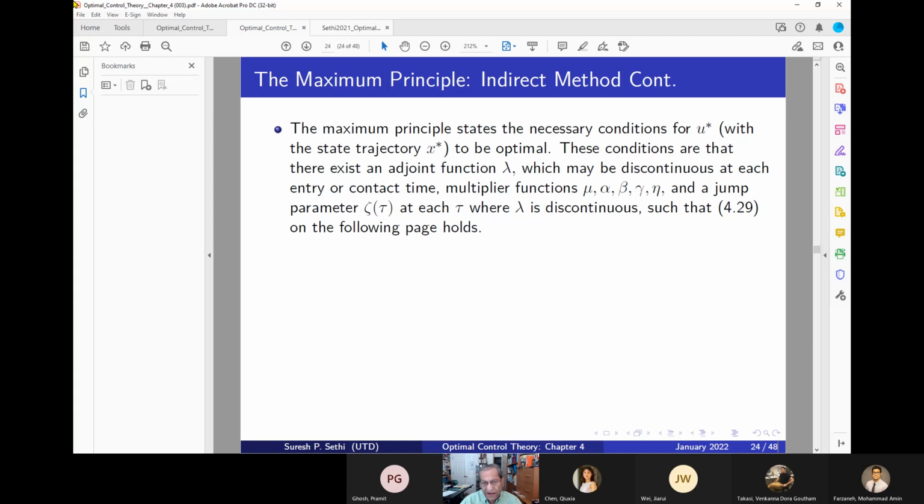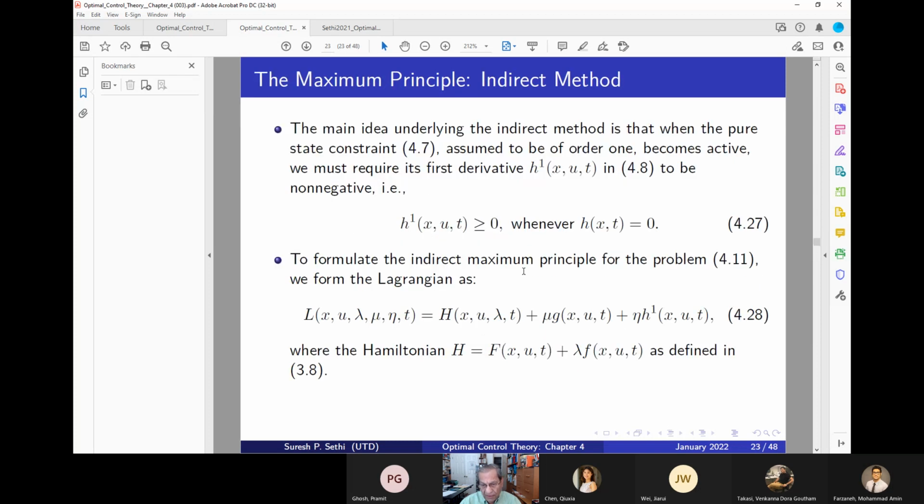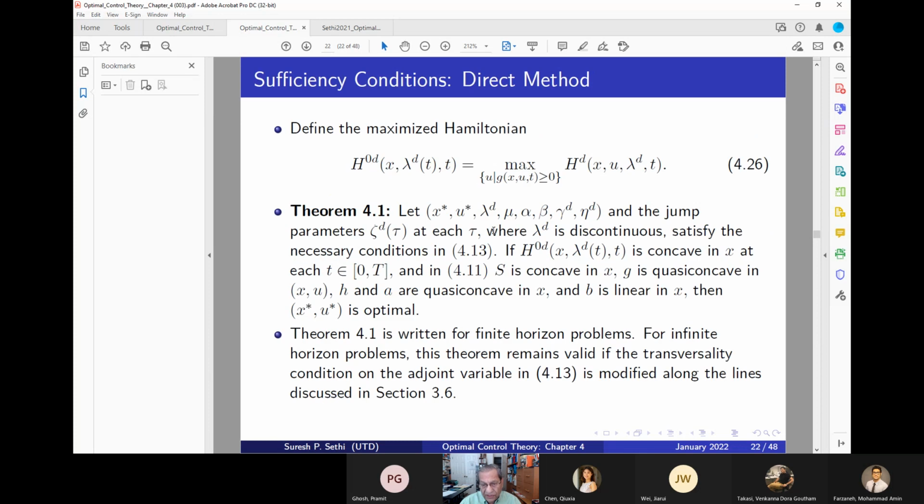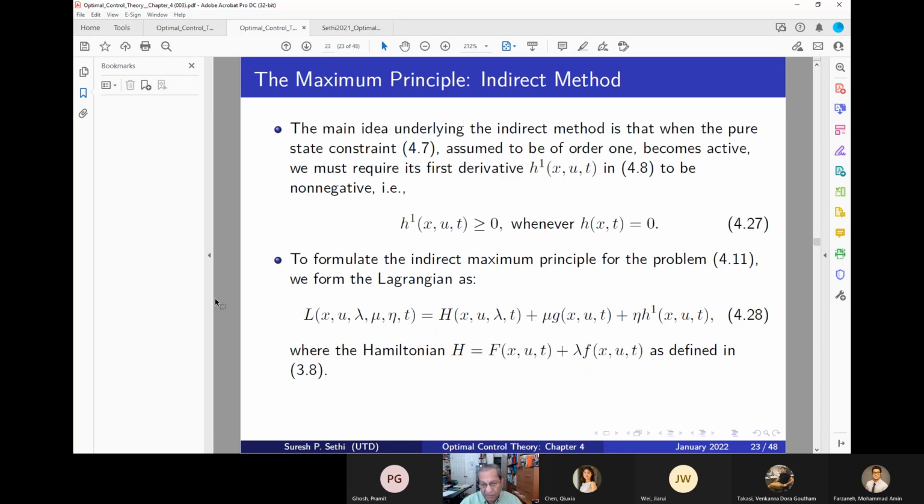Okay. The indirect method, by that we mean that instead of adjoining the constraint directly, the state constraint h(x, u, t) bigger than or equal to 0, what we try to do is adjoin the first derivative. The idea being that when the constraint is violated, or when we are on the constraint boundary, we cannot really control the constraint itself.